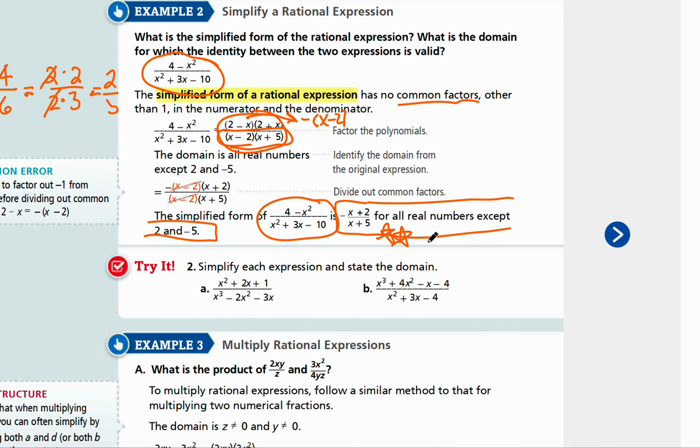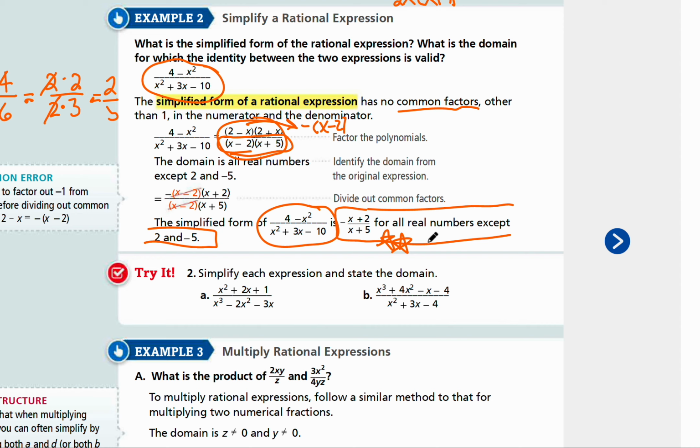Okay, are you ready? Let's check the answer for 2a. You have x squared plus 2x plus 1 all over x cubed minus 2x squared minus 3x. Factor each polynomial. On top, you get x plus 1 squared.